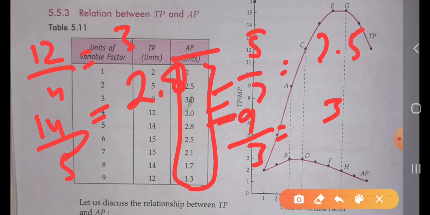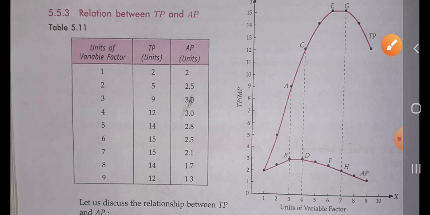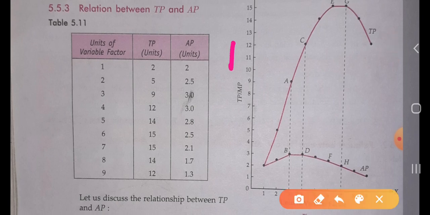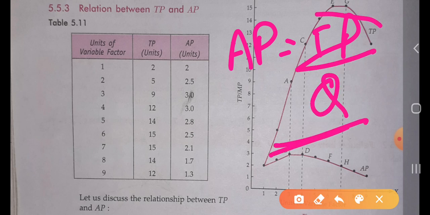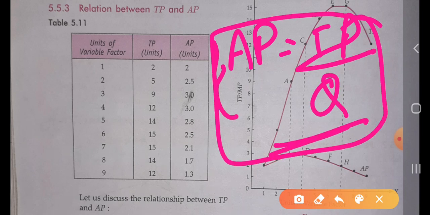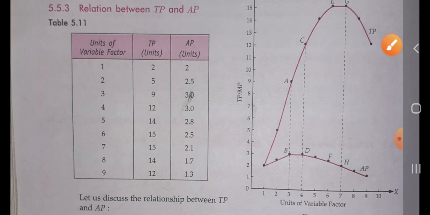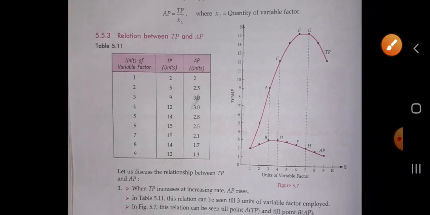The formula is AP equals TP upon Q, so that we get the value of the AP.